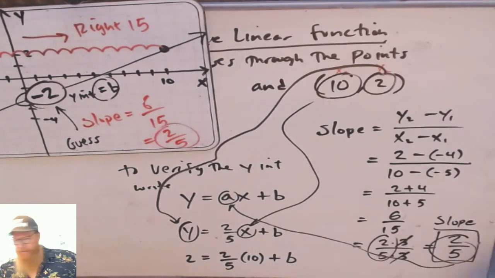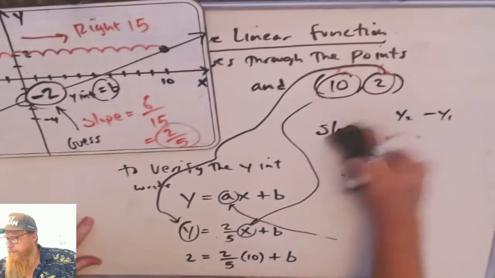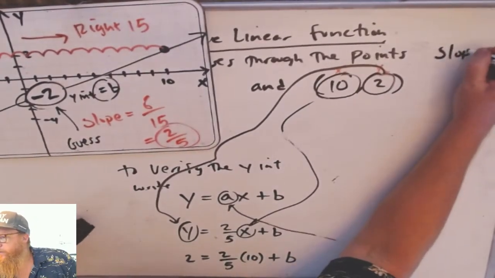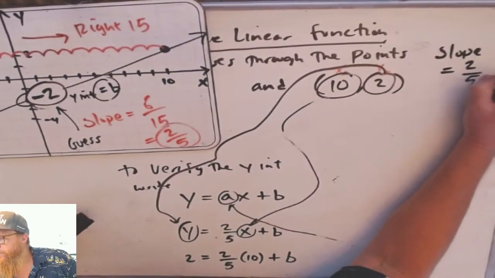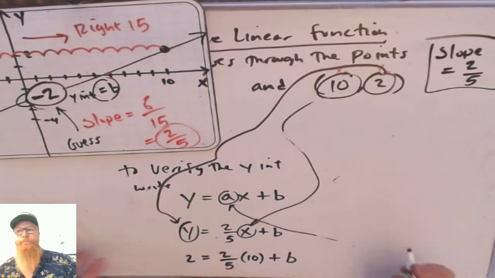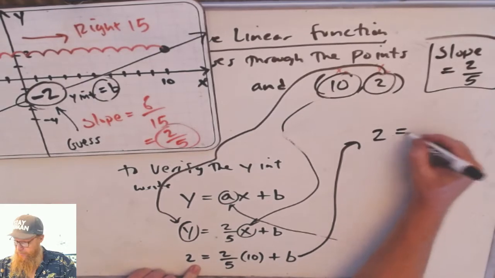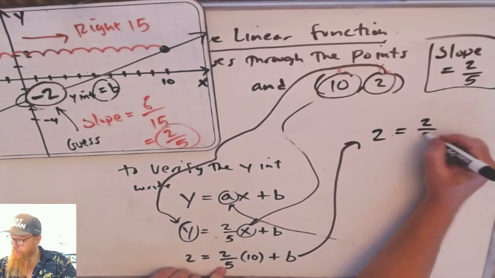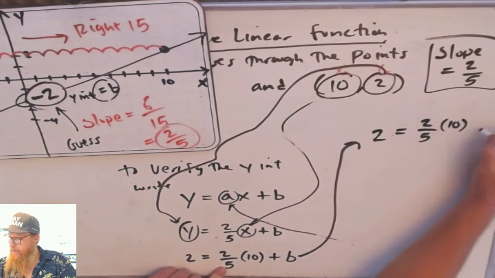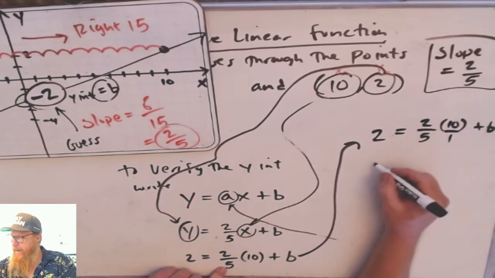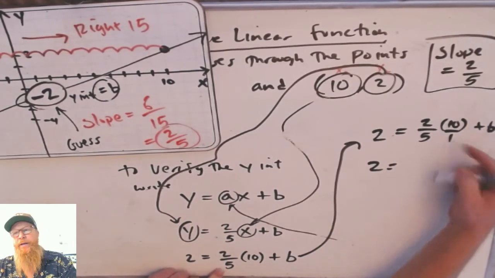All right, let's see if that's true. I need to erase this. Let's just write up here. Slope is 2/5. Don't forget that. All right, so what do we got? We got 2 equals 2/5 times 10 plus b. Remember, 10 is actually 10 over 1.